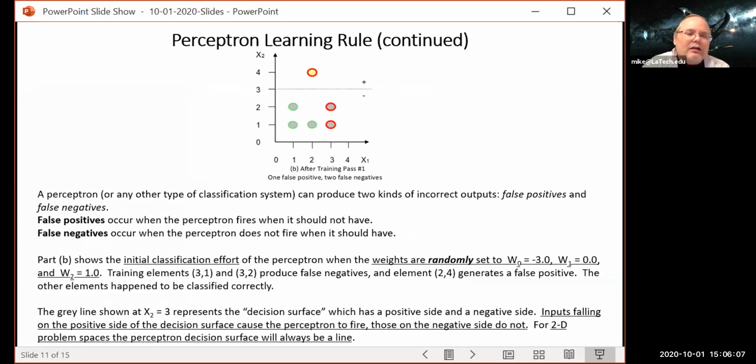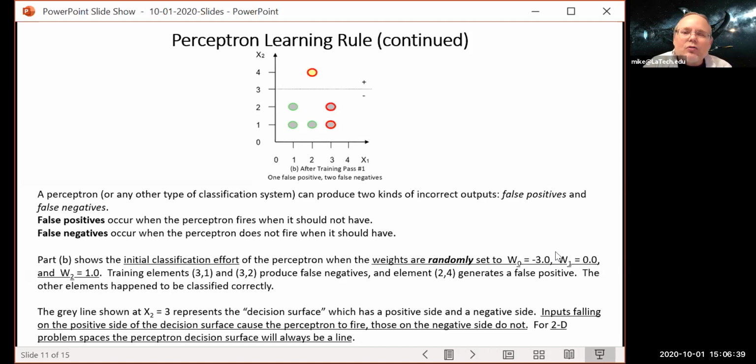Now, the gray line is simply shown at x2 equals 3. So when x2 is equal to 3, that's our decision surface. Well, you might be jumping ahead, but if you think about this, because W1 is 0, X1 is ignored at first.